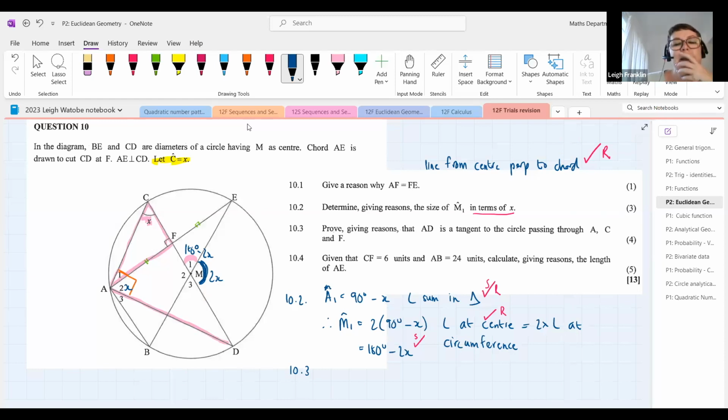Hang on a second, can we? Sorry, I'm just thinking this one through. Because we don't know that CA is necessarily a radius, do we, Amahle? Let's just think about that.